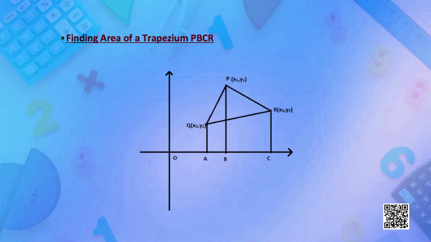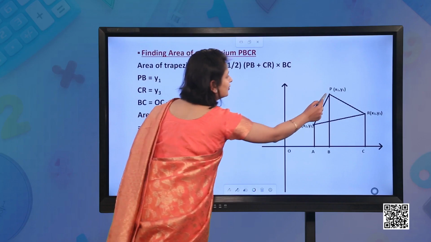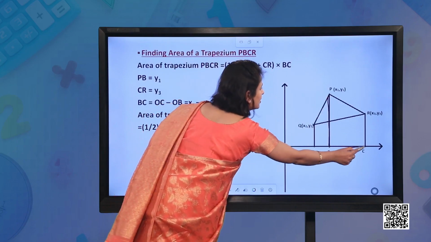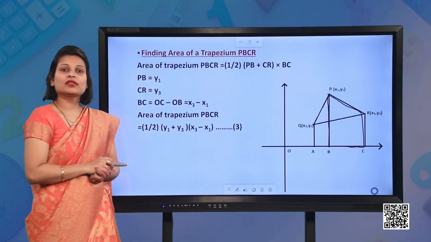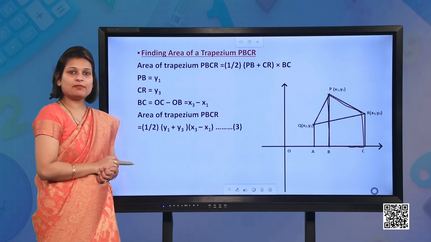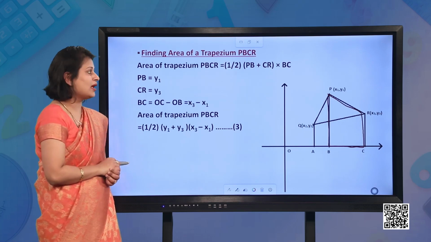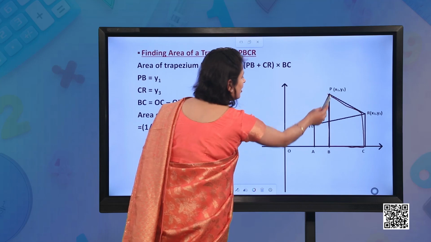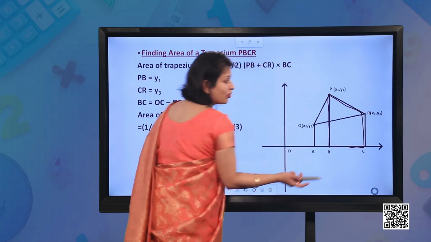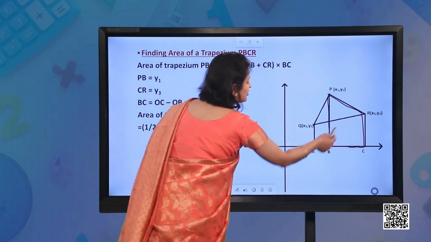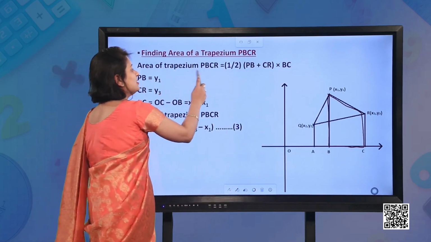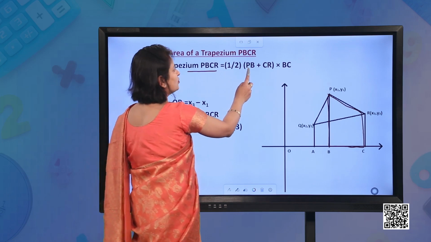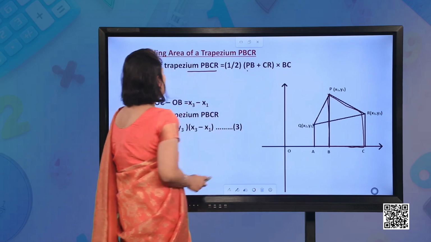Now we will find the area of trapezium PBCR. Again we apply the formula: half into the sum of parallel sides into the distance between them. Here the parallel sides are PB and CR, or RC, and the distance between them is BC. So the area of trapezium PBCR will be half into PB plus CR into BC.